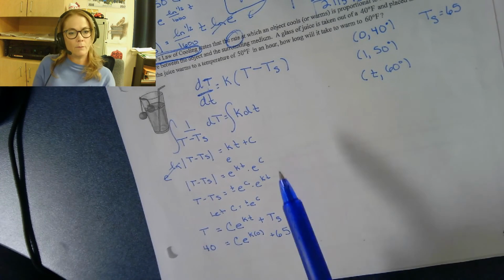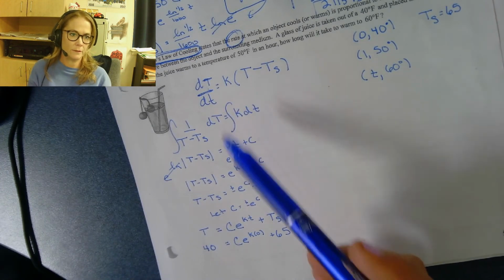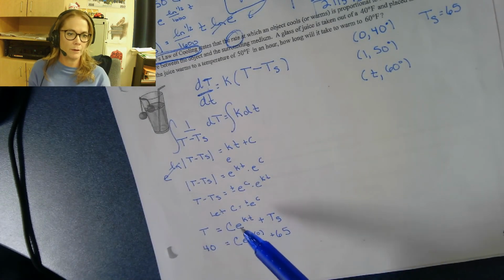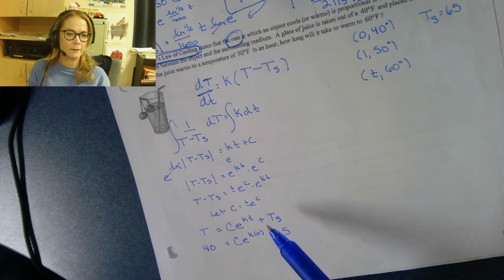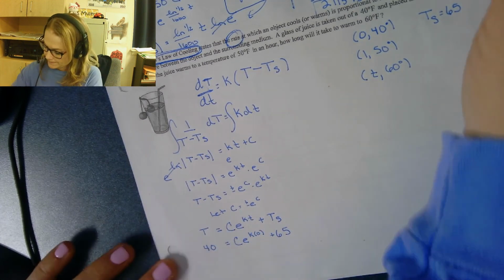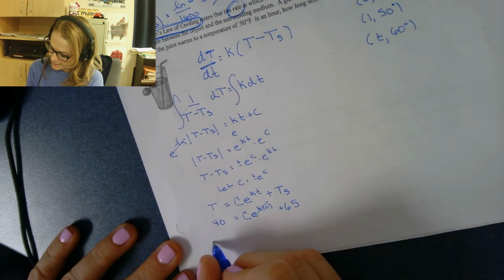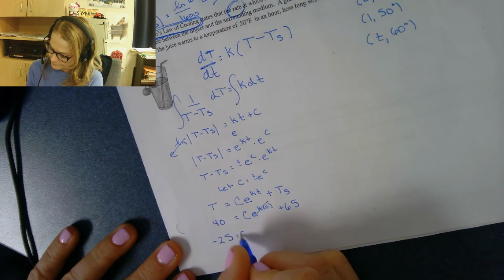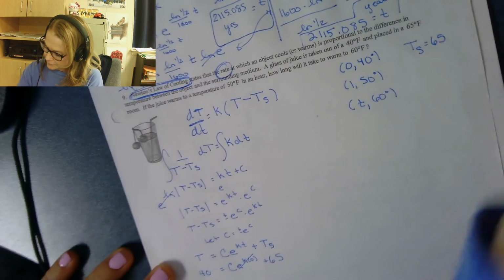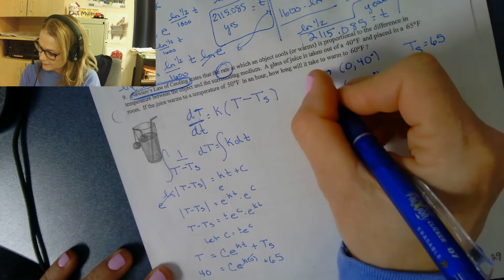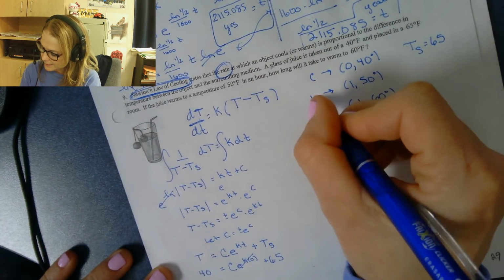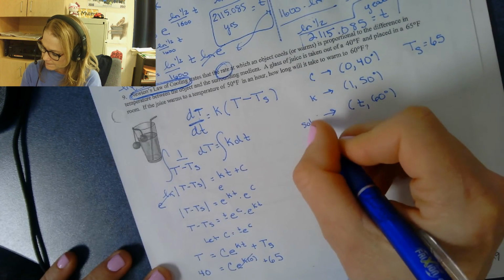I wanted to show you this because if you have to deal with Newton's law of cooling, just remember our PERT, which helps us out, and just add in T surrounding. So this is going to zero out, and C here is going to be negative 25. We're going to use this to find C, then use the second point to find k, and then we're going to solve.